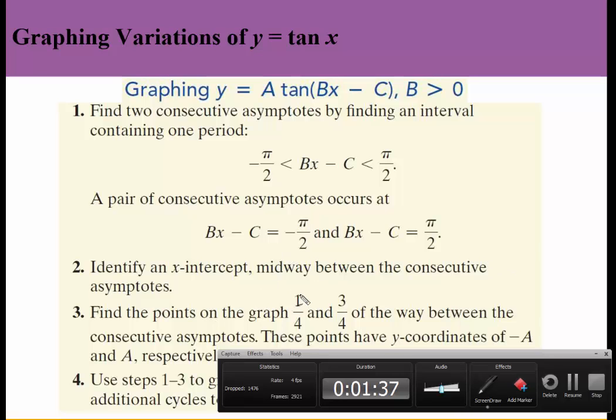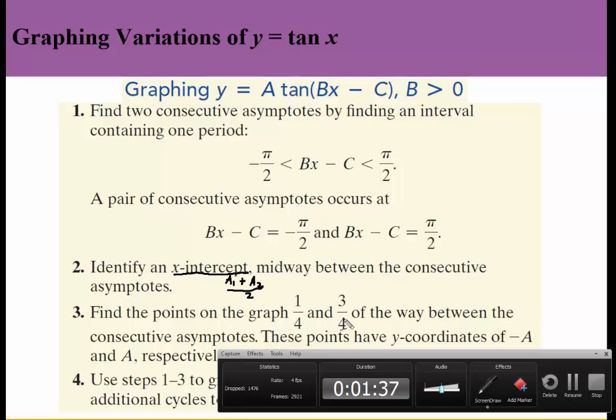What I like to tell students is to take the asymptote, I'll say A1, plus the other asymptote, and divide by 2, because really that's the midpoint formula if you remember college algebra or your pre-calc algebra class. So add up the asymptotes, divide by 2, and that will get you your x-intercept.